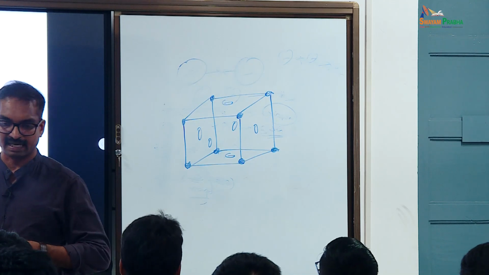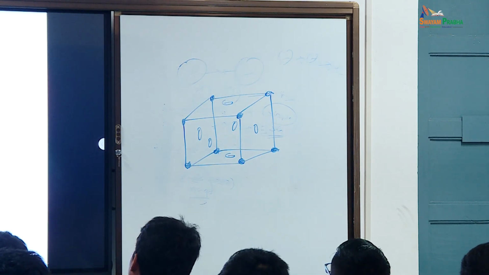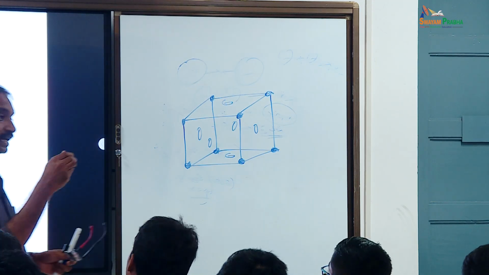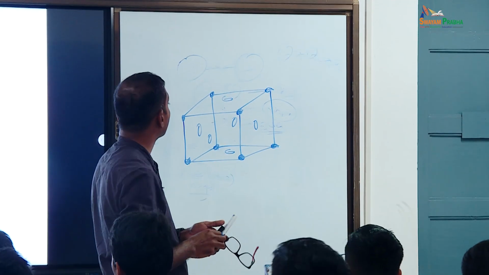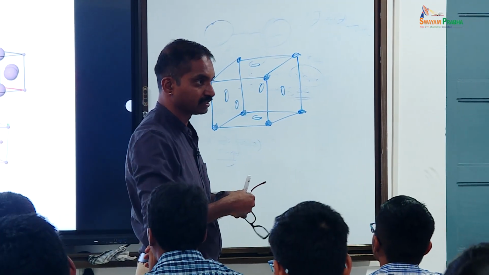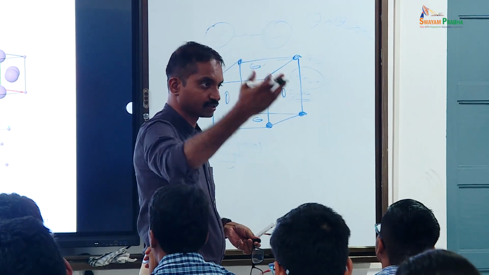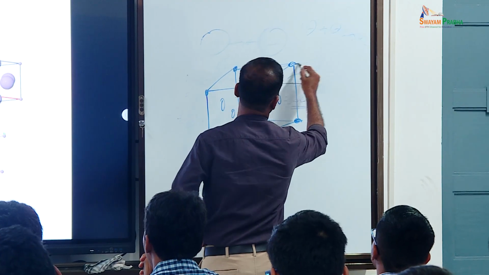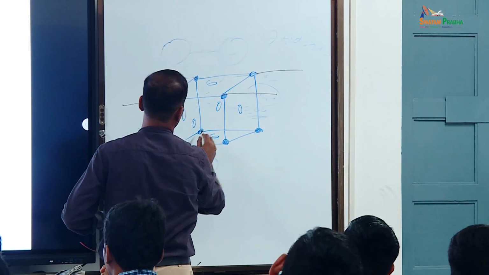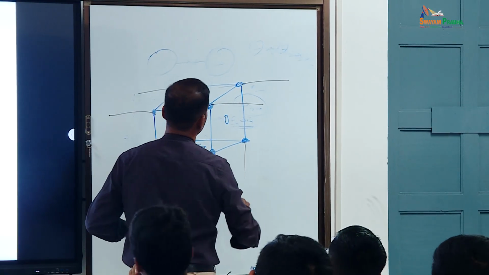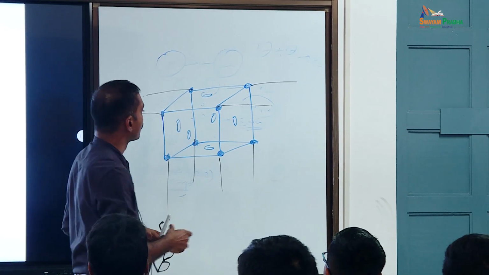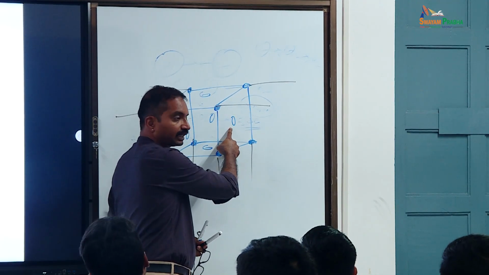Correct or not? So that means the 6 face-centered atoms contribute all together for a given unit cell. What is the contribution? There are 6 face-centered atoms, and each of those atoms is at the interface of 2 unit cells. Then for the given unit cell, how many face-centered atoms are available?